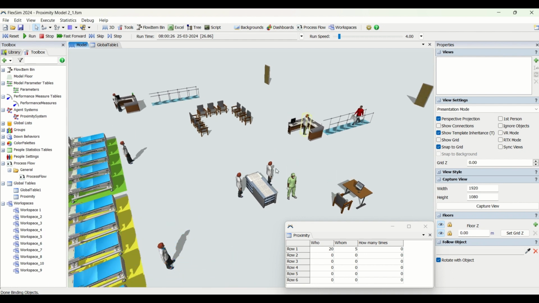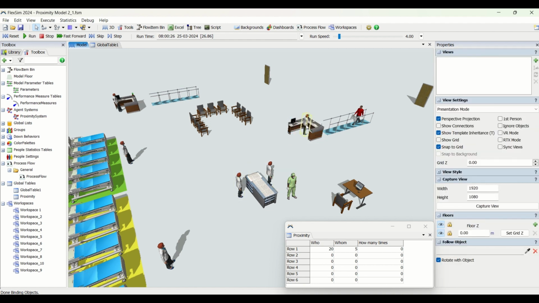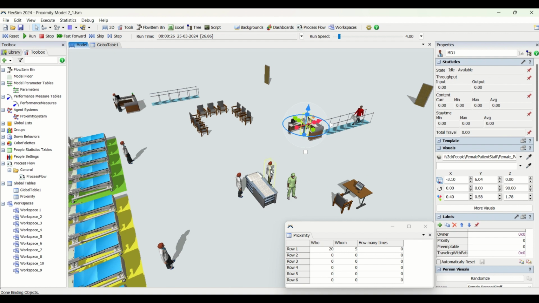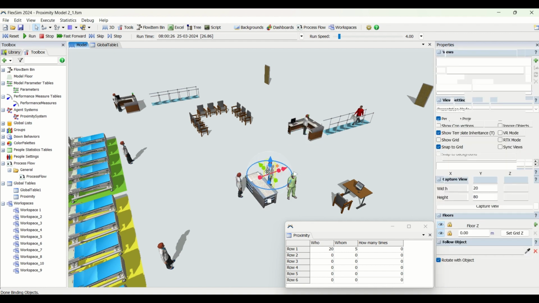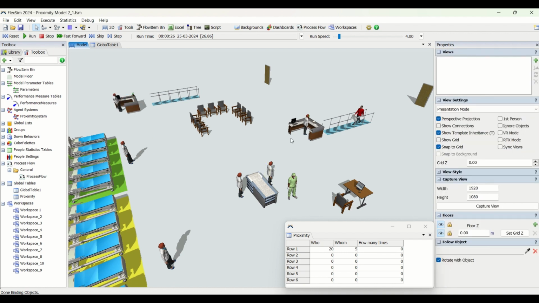These are the hospital staff dressed in white color. This is the receptionist here, and these are the sisters or doctor assistants who assist the doctor and related things. We are going to find out which healthcare staff member has the highest rate of interactions.